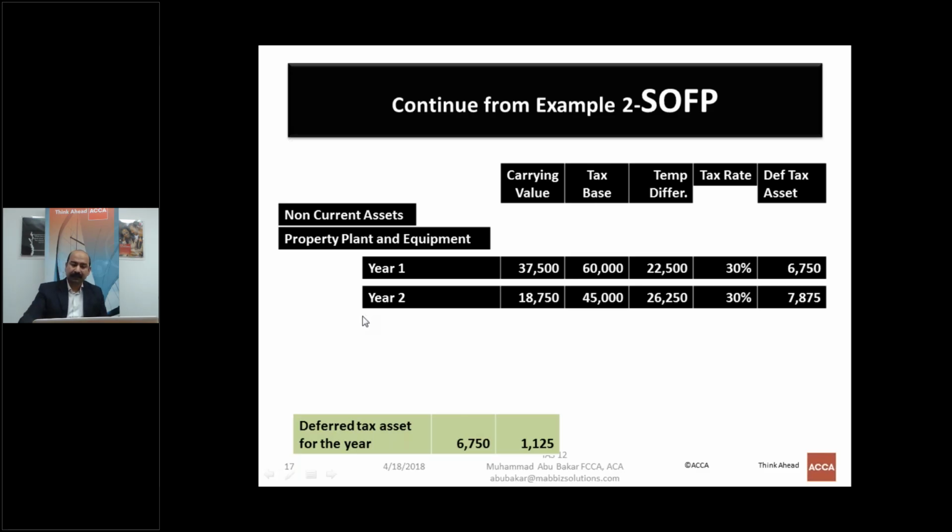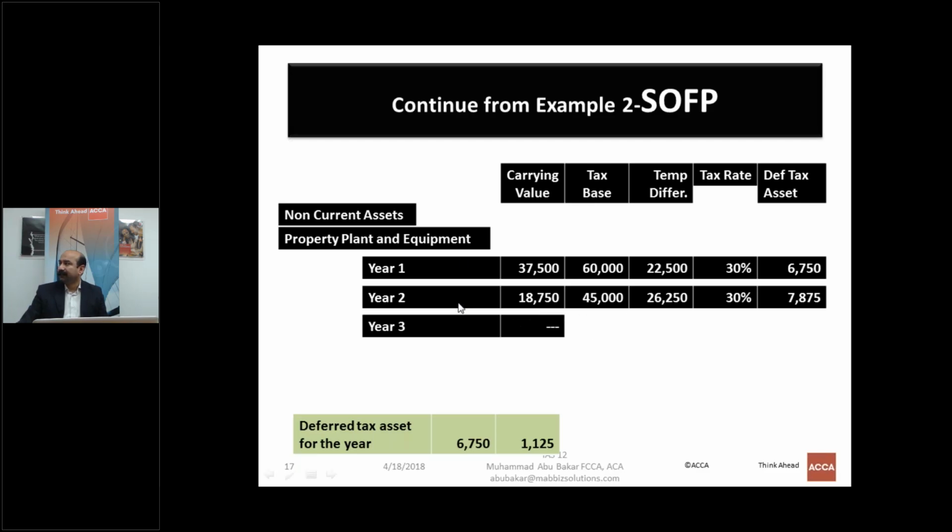As we discussed in our example number 1, the statement of financial position will give you the cumulative picture, the closing balance of the deferred tax, whereas the income statement will give you the deferred tax effect for the current year.